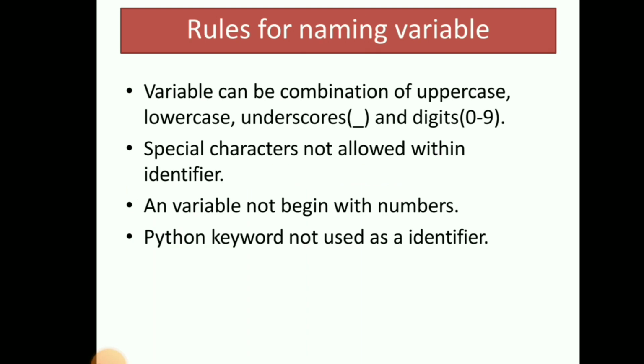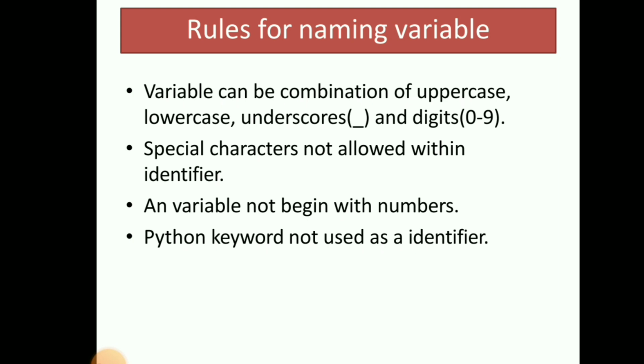Rules for naming variables. A variable name can be uppercase or lowercase letters. It can be a combination of uppercase letters, lowercase letters, underscores and digits. Special characters are not allowed within identifiers. A variable must not begin with a number or digit.